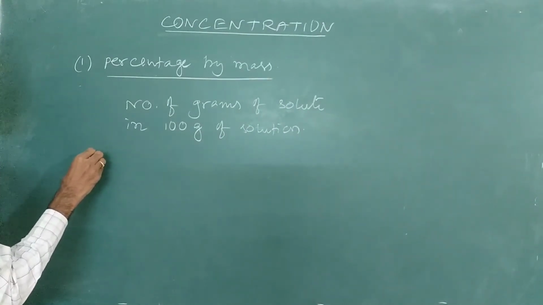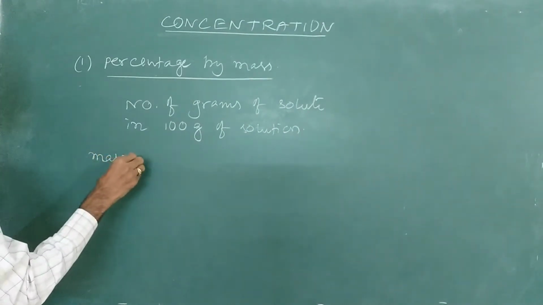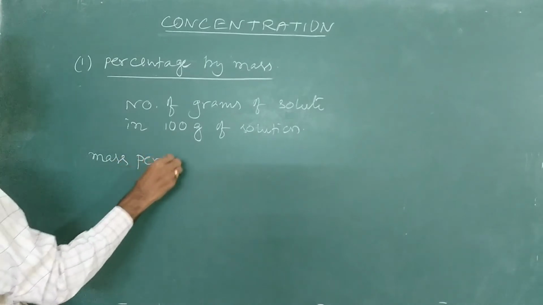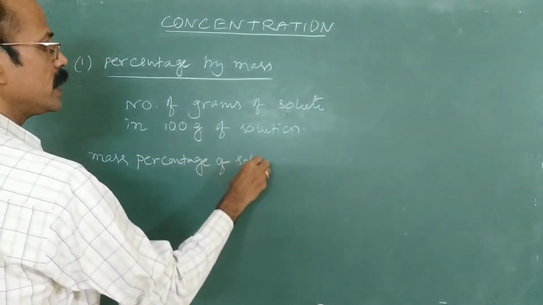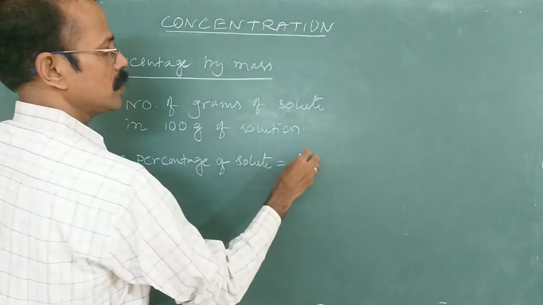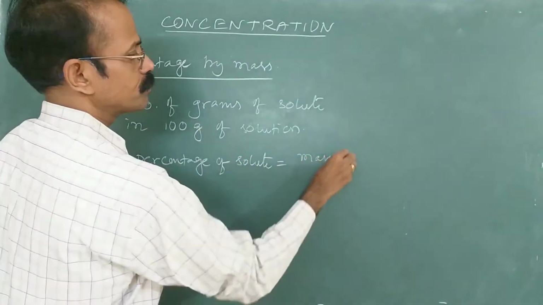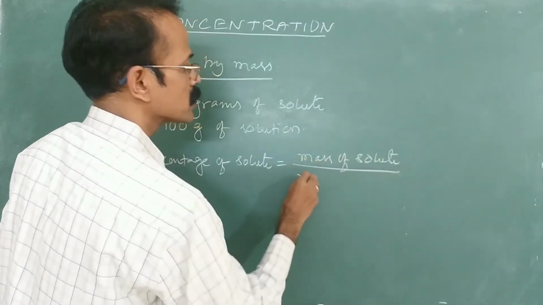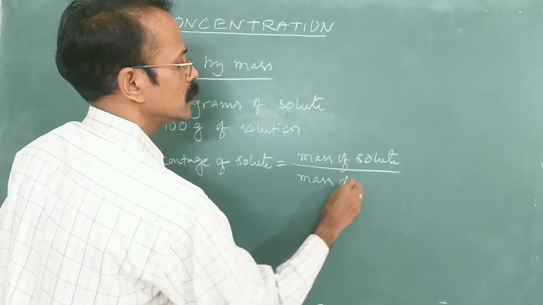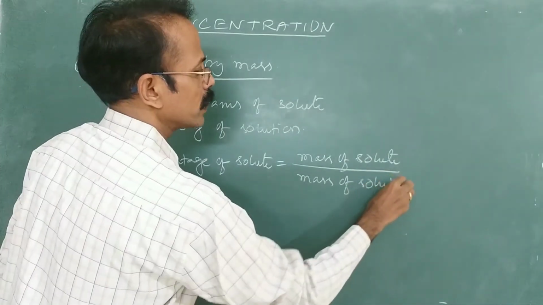Mass percentage of solute is equal to mass of solute divided by mass of solution into 100.